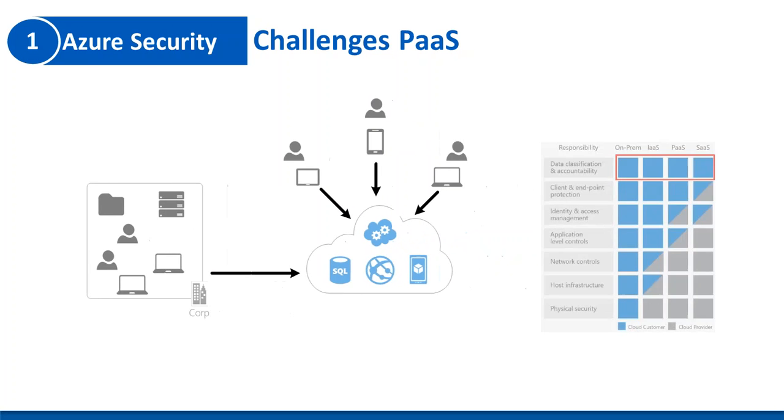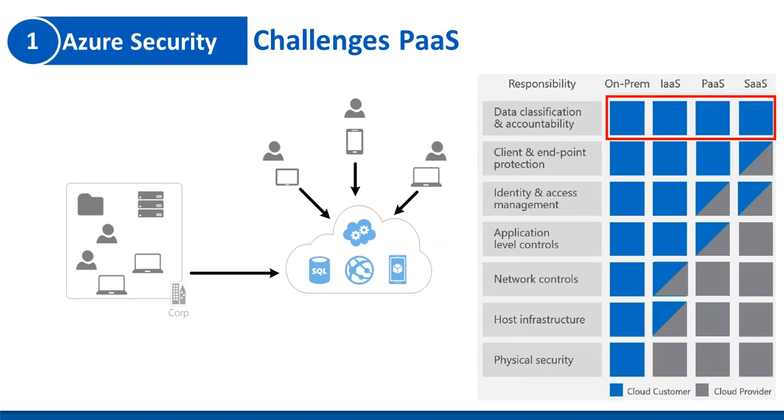Well, if we take Microsoft's very nice responsibility diagram, we can start to map out what exactly is your responsibility in this scenario. And in terms of PaaS, you really need to talk about all of the stuff that was orange before. So data classification and accountability, that's your responsibility.